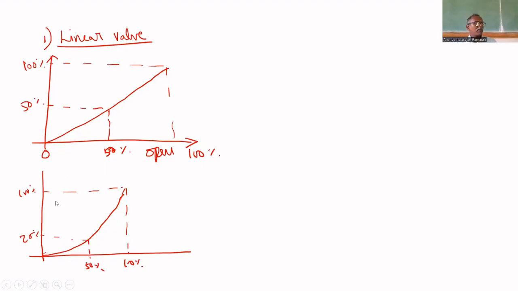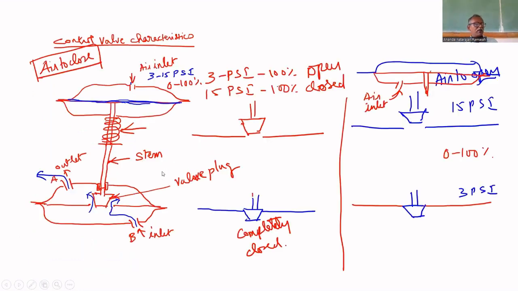So it is not uniform; it is non-linear behavior. This is the equal percentage valve. How this difference came into the picture depends upon the dimension of the plug. That is a mechanical subject. According to the plug dimension, the flow rate will vary like this.